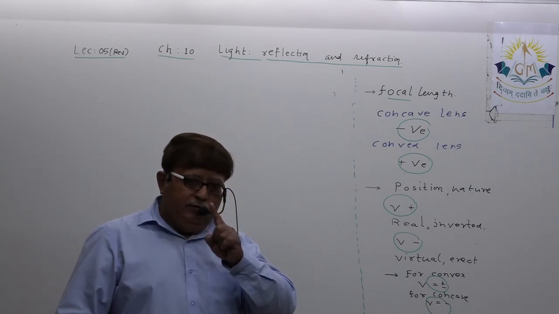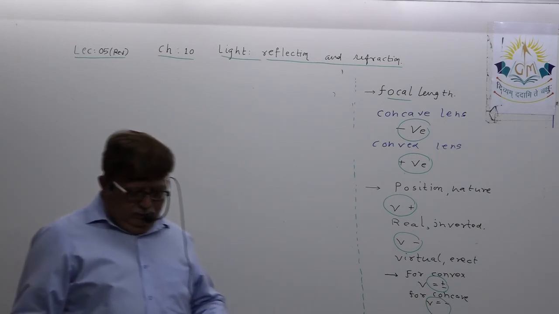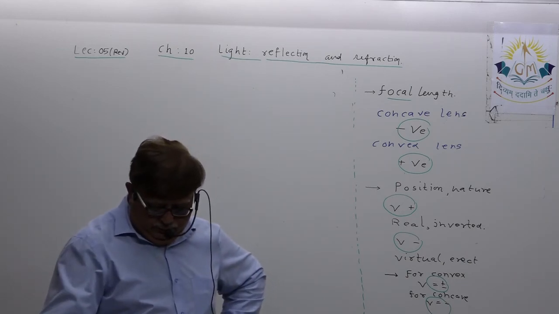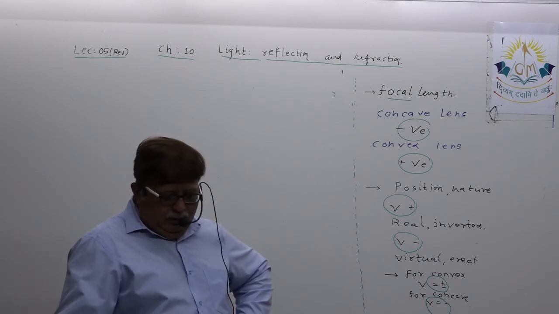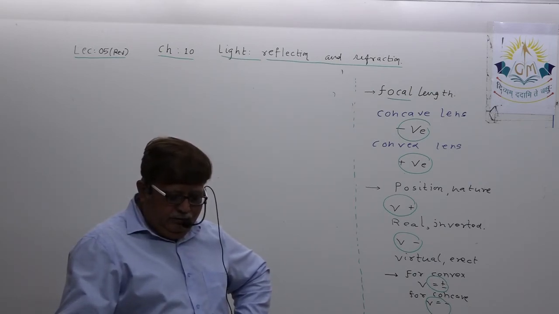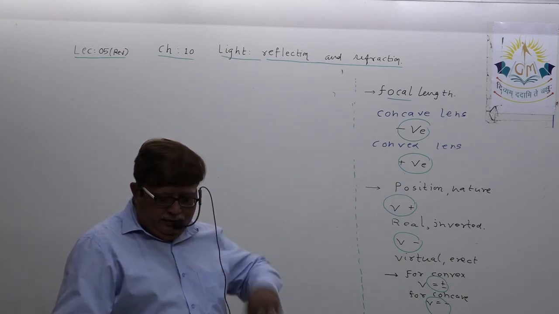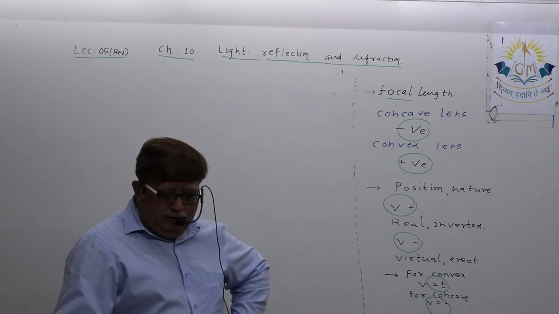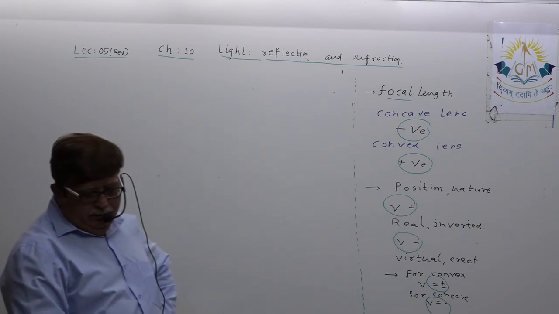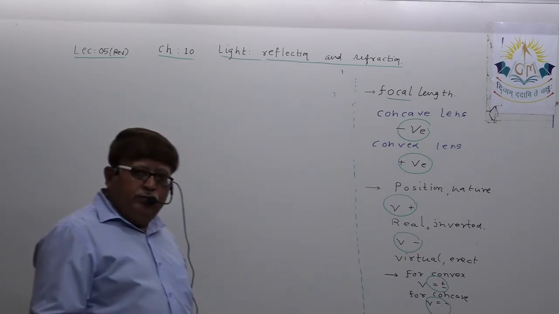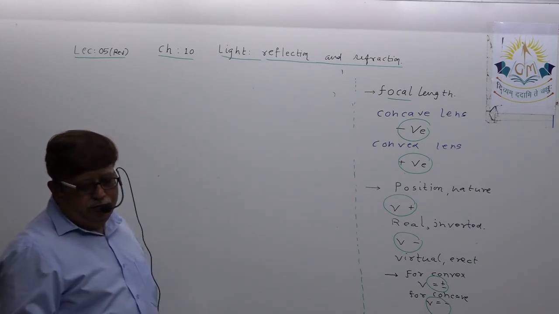Only thin lenses. Understand? See number 24: two thin lenses of power 3.5 diopter and minus 2.5 diopter are placed in contact. Find the power and focal length of the lens combination.